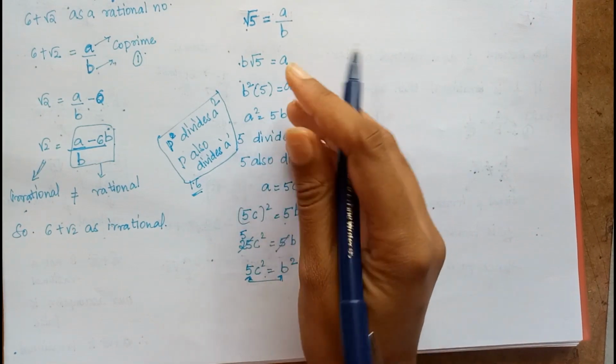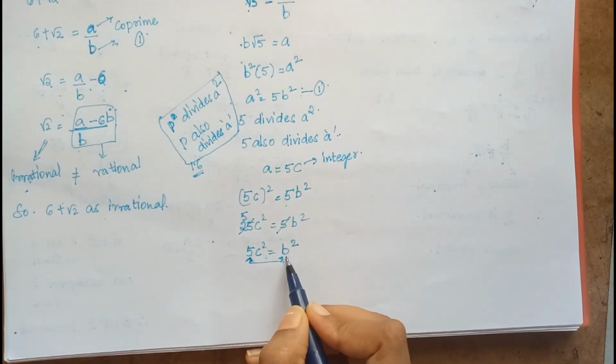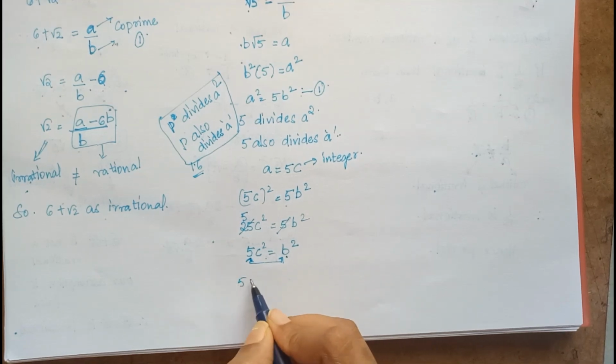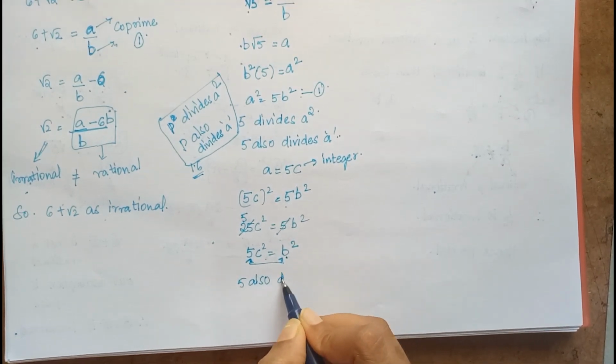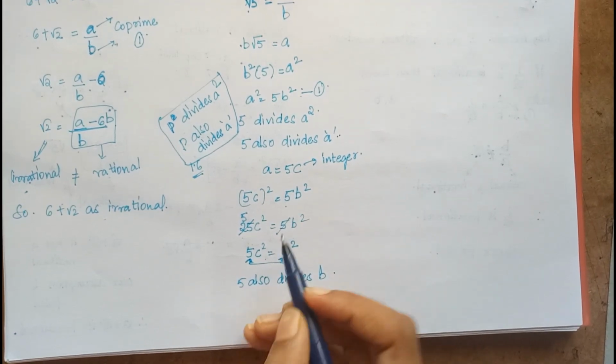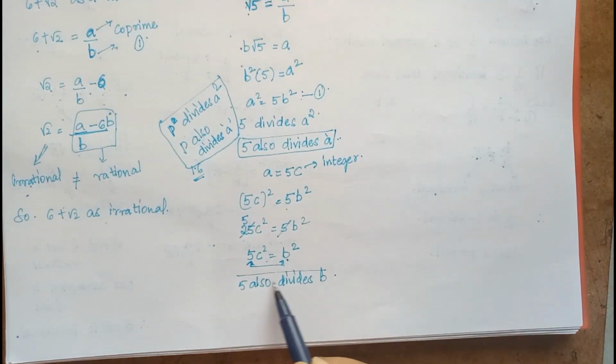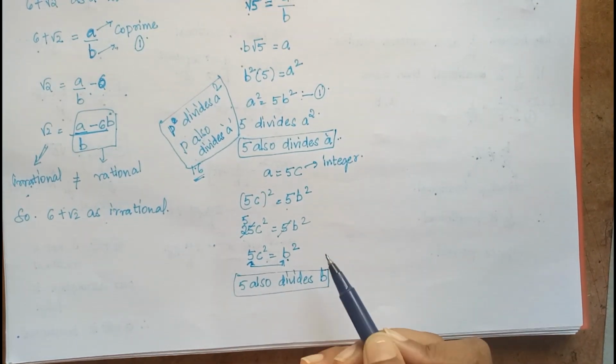For better understanding, please watch the previous video. Here, if 5 divides b square, then 5 also divides b. From these two statements, what can we conclude? 5 divides a and 5 divides b.